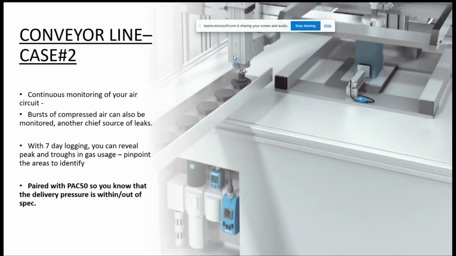So again, that 7 days of logging is a common theme because you want to identify peaks and troughs. You might have the conveyor at one speed, and you can see the flow, pressure, and energy consumption. But if it's on a faster routine or cycle, you might see more and more losses, more spikes in consumption or troughs when it's actuating on and off.